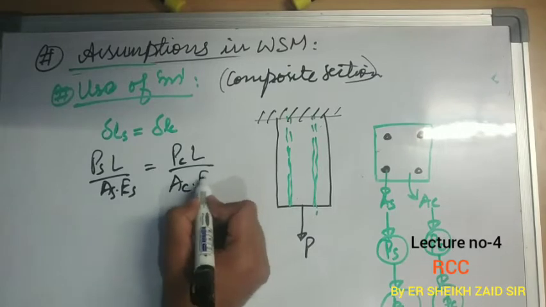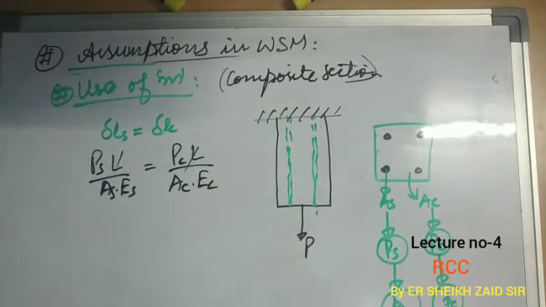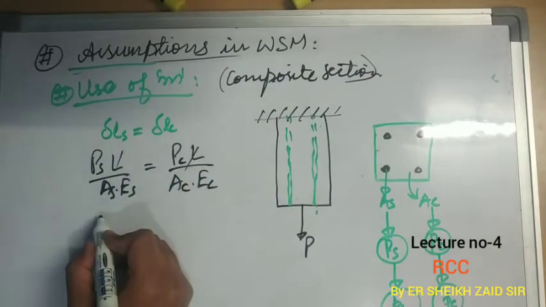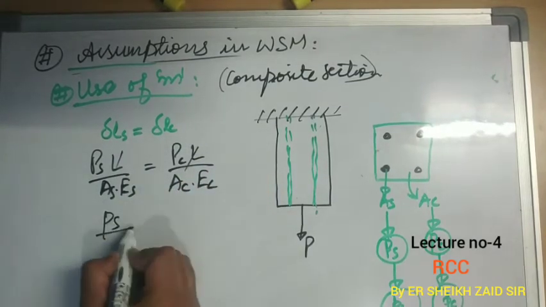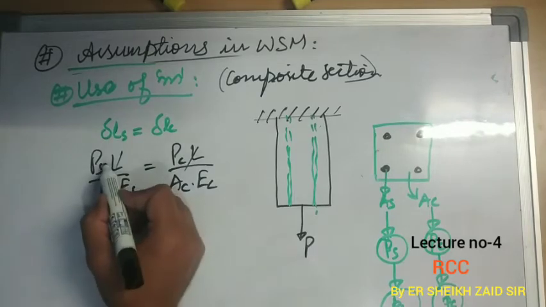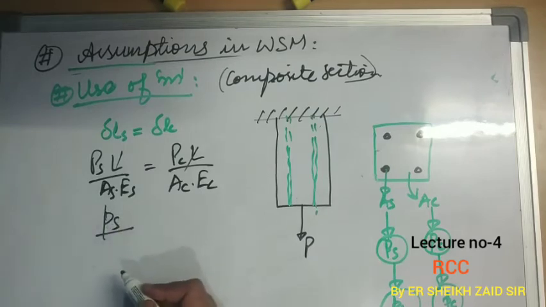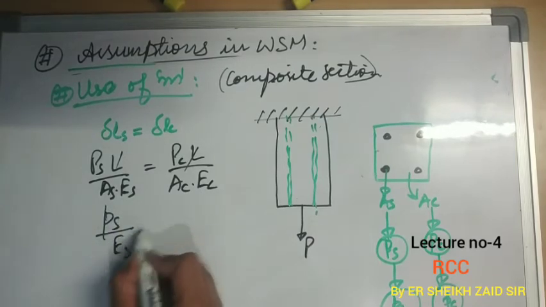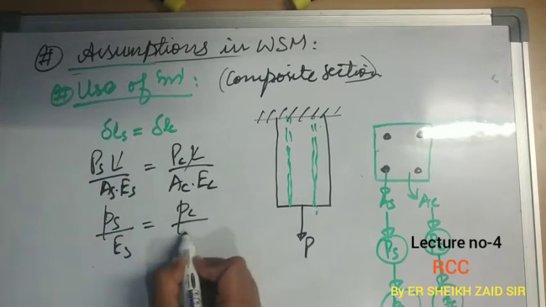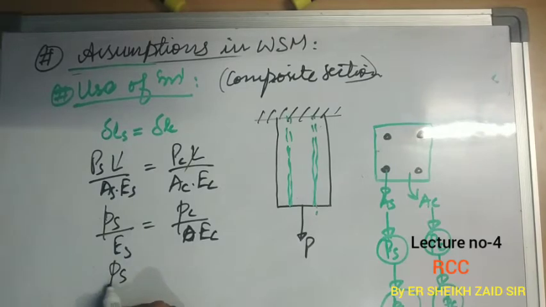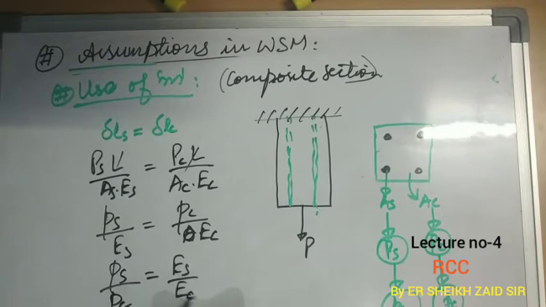This L will be cancelled, and we get PS upon AS, which is simply stress in steel, upon ES, equal to stress in concrete upon EC. So stress in steel upon stress in concrete is equal to ES upon EC, and we know ES upon EC is the modular ratio.